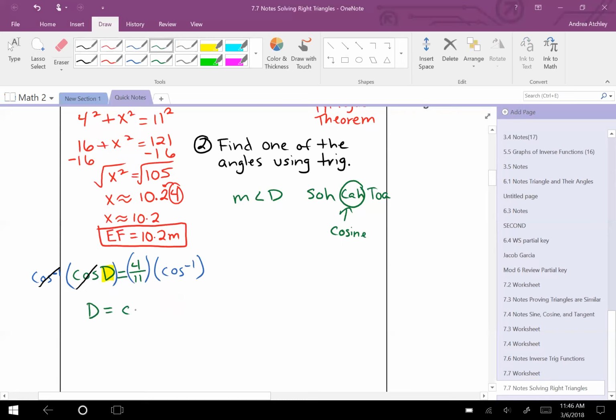And then I'll have the inverse cosine of 4/11. I plug that into my calculator. Okay, and I get the measure of angle D should equal, Colin, what'd you get?